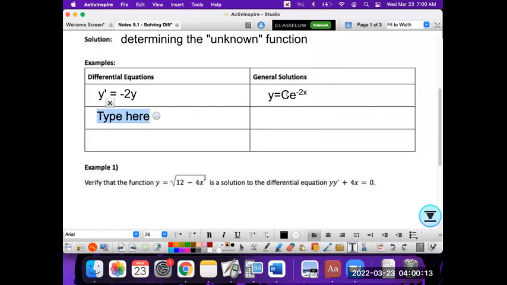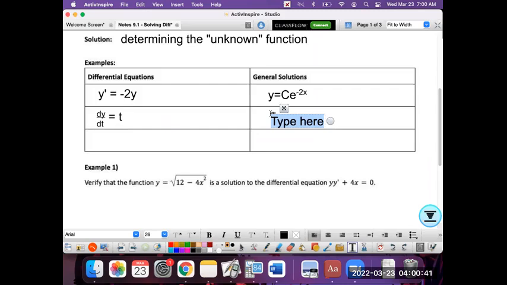All right, next one, let's say that we have dy/dt equals, let's go with t.